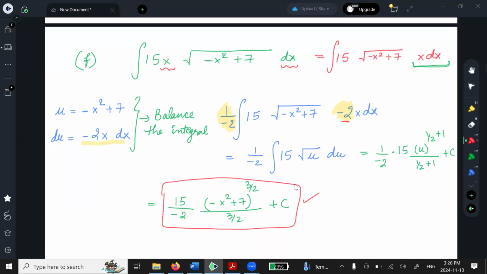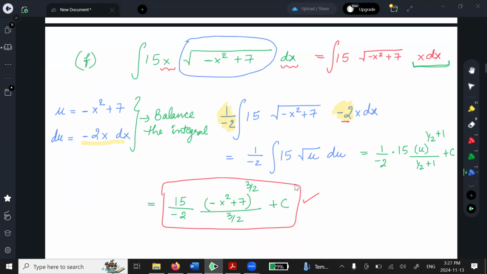Yes. And then it matches. Great point. We will always do that. You know why? Because this is the most complicated part of the question, right?